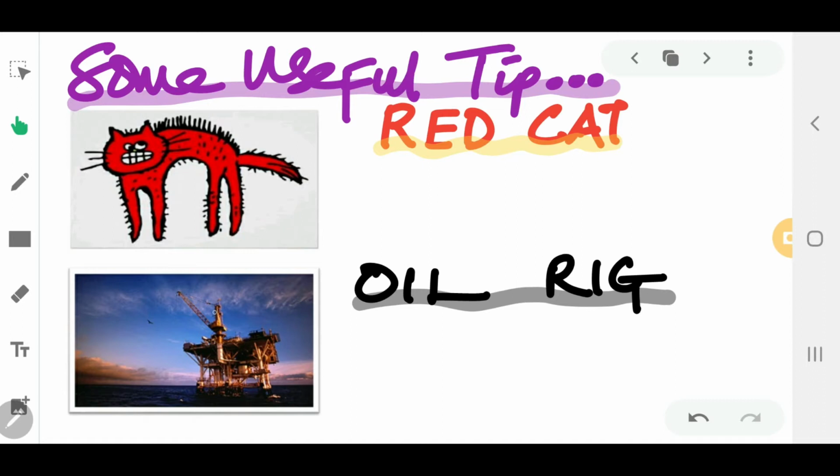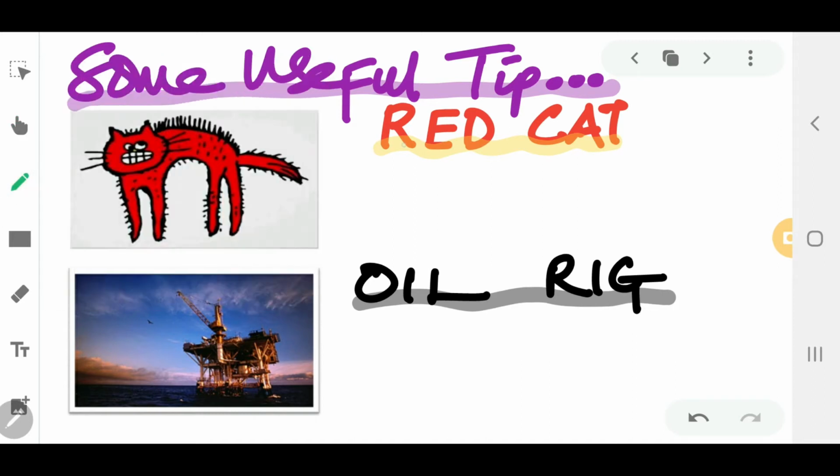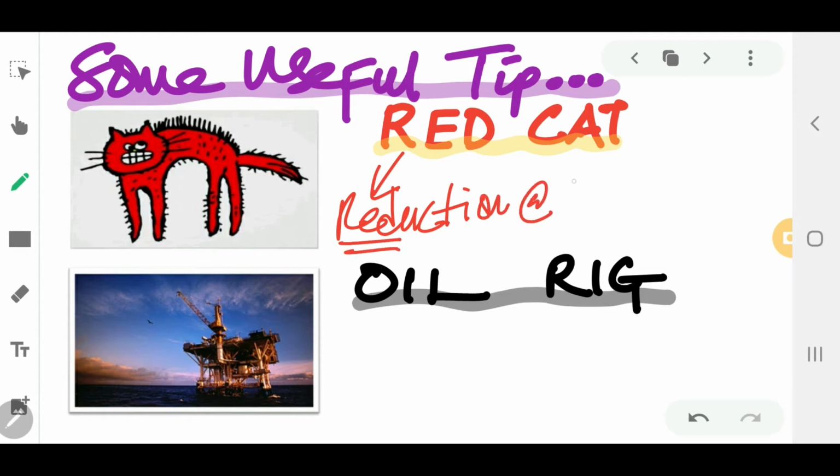So some useful tip, when you remember this picture over here, please remember red cats. If you can remember red cats, you can imagine red cats, you will be able to recall the information that this process over here is representing reduction, red, at cathode, cats.